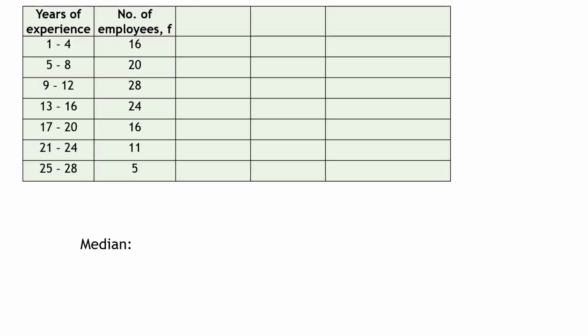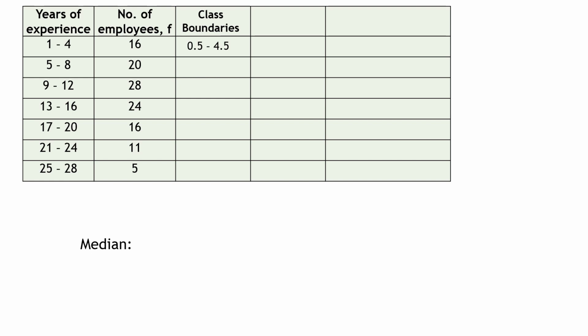To solve this question, you can create a table. The question gives you years of experience and also the number of employees, which is the frequency. At first, you need to calculate class boundary because the question gives you discrete data. How to calculate class boundary? Lower limit, you minus 0.5. Upper limit, you plus 0.5. So the first class interval, 1 minus 0.5 is 0.5, 4 plus 0.5 is 4.5.